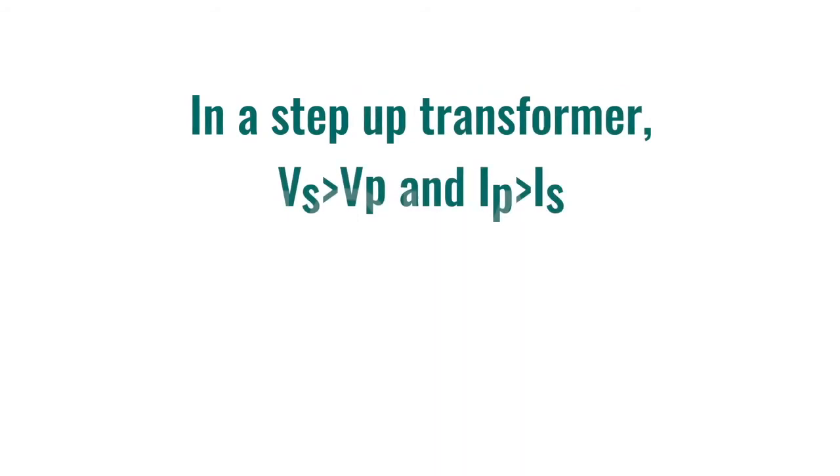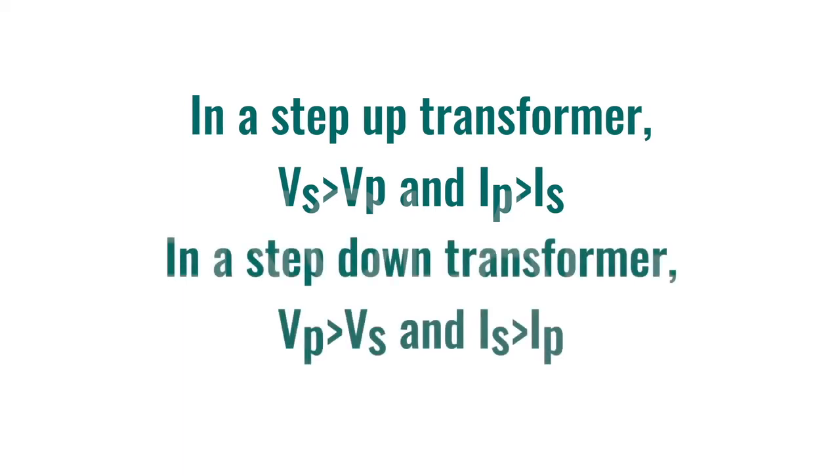So, in a step-up transformer, VS greater than VP and IP greater than IS. For a step-down transformer, VP greater than VS and IS greater than IP.